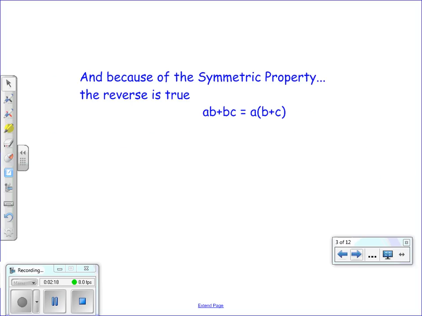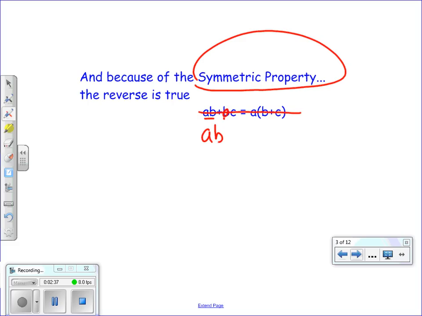And remember, the opposite is also true. Because of the symmetric property, which we learned about yesterday, if one thing is true, then if you put it in reverse order, the same thing is true. So if you have A times B plus A times C, that is the same as A times (B + C).